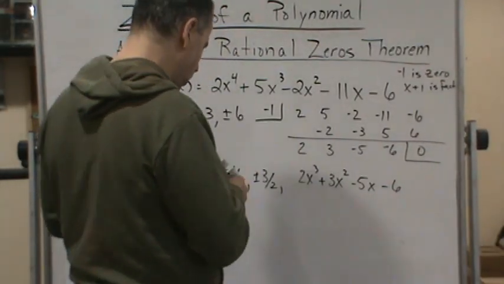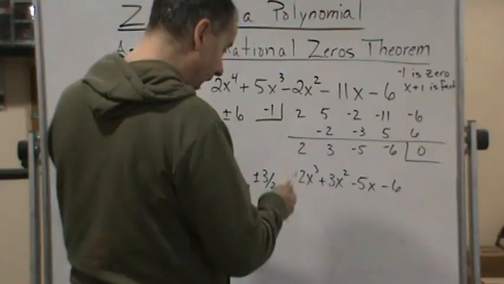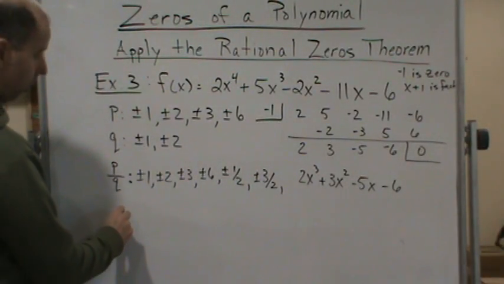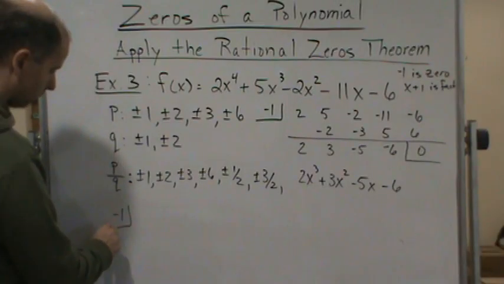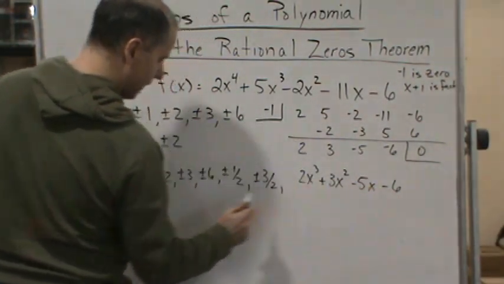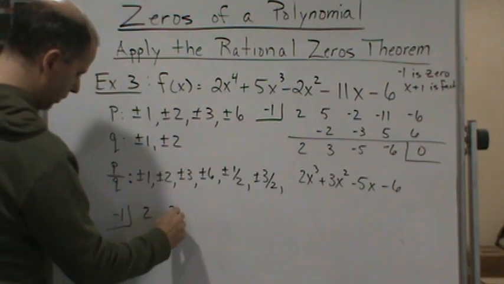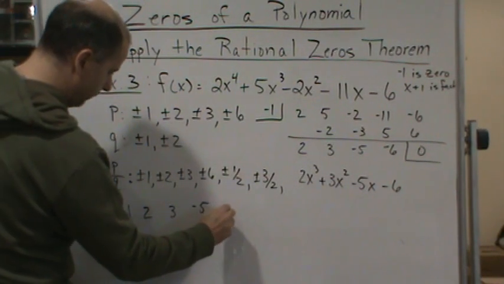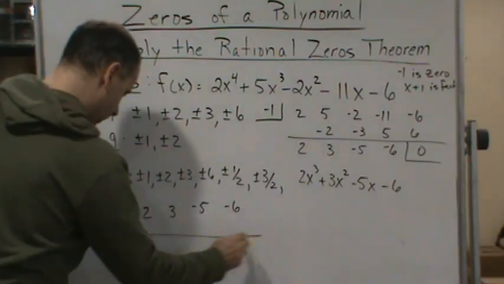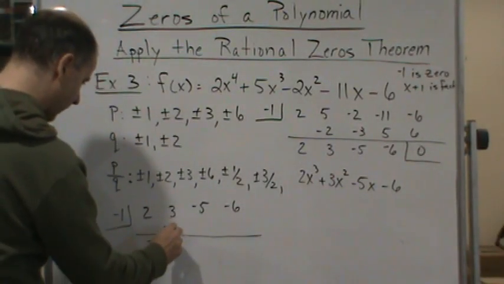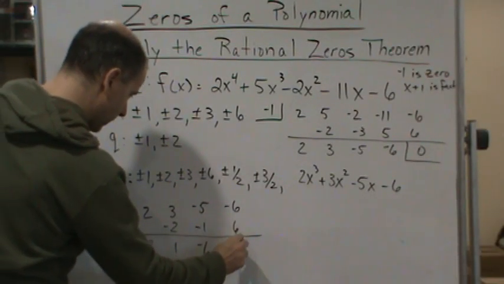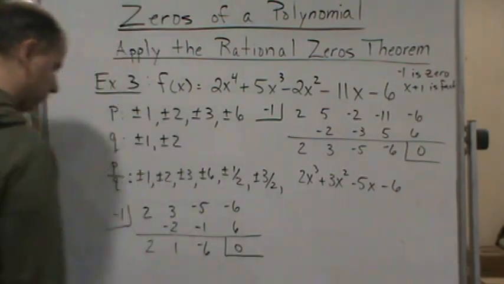So let's do synthetic division again. Let's do it over here. So let's do -1 again, and now we're going to use 2, 3, -5, -6. I'm going to drop the 2, and then I get -2, 1, -1, -6, 6, 0.